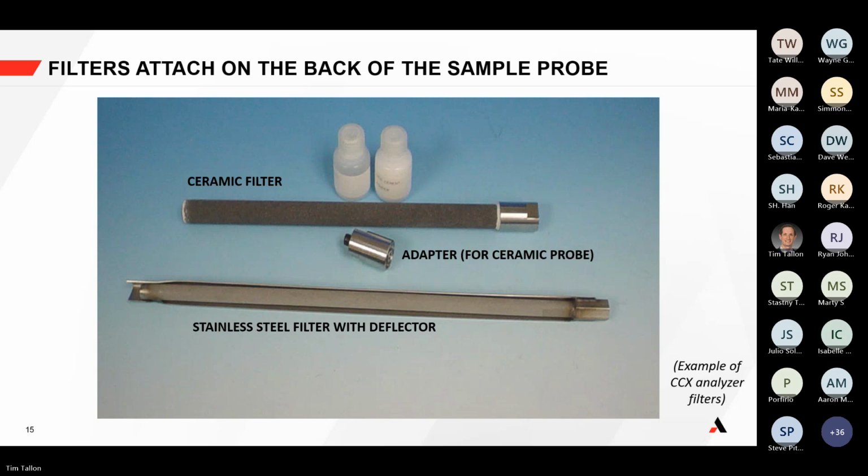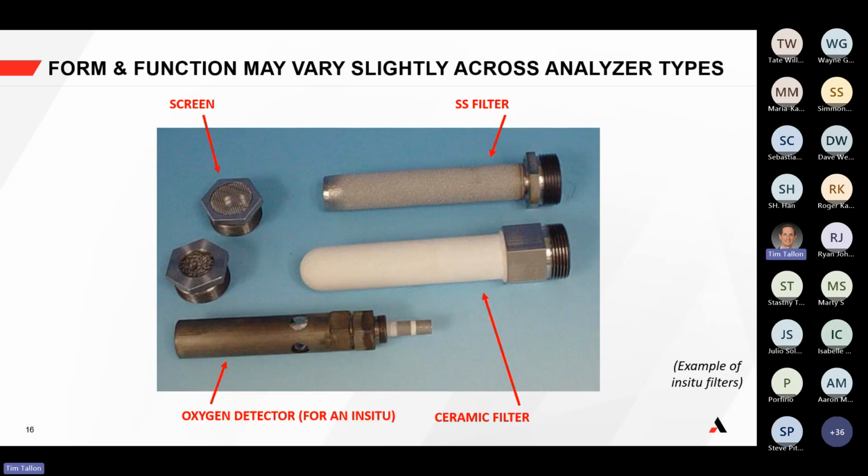So other things to think about, really the form and the function of these filters vary across the analyzer types. If we look at the in situ type, for example, this is what our oxygen sensor looks like. It's inside this little metal enclosure, but still exposed to the process with a screen on the back of it.